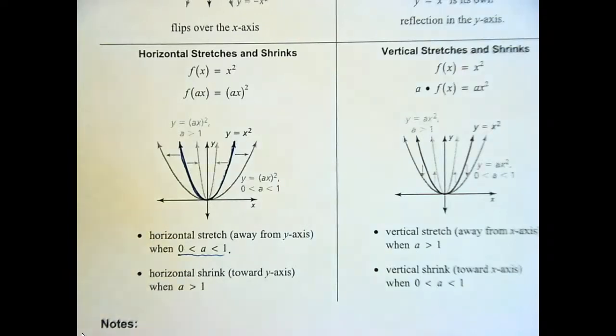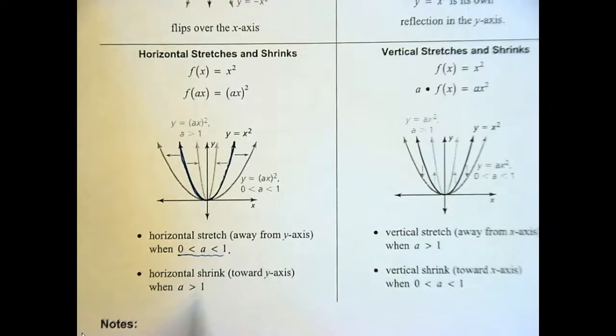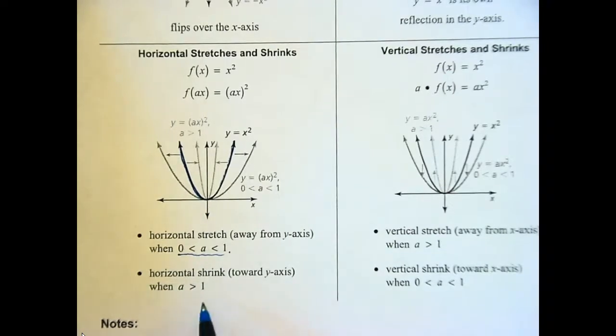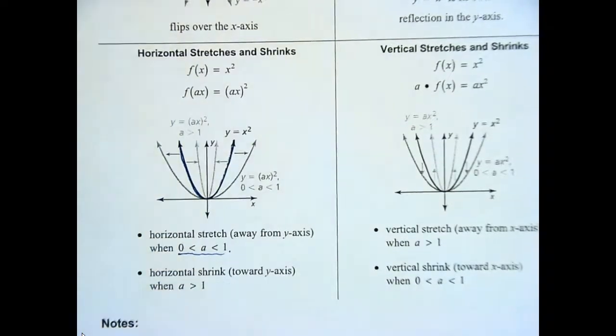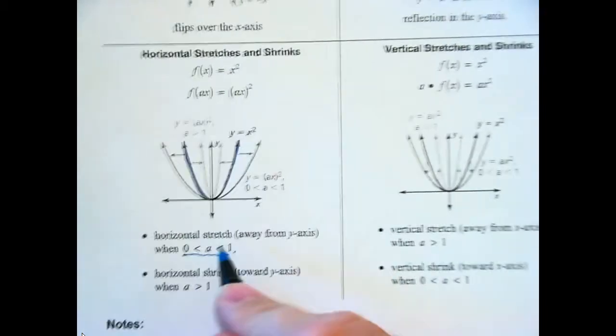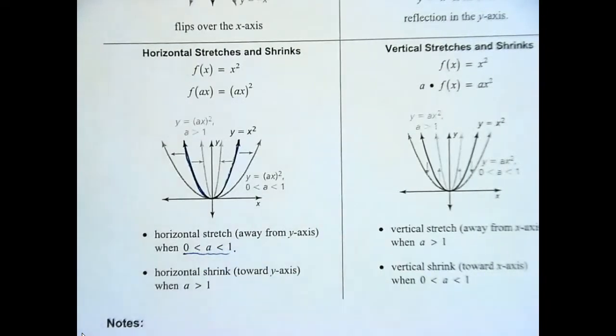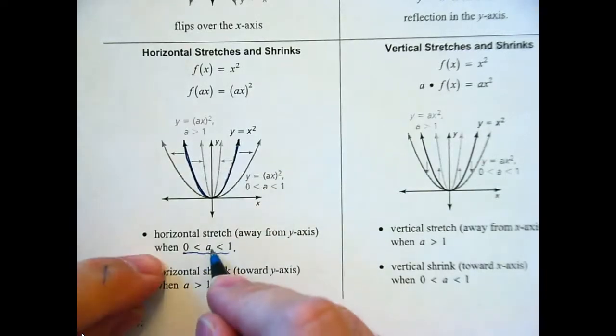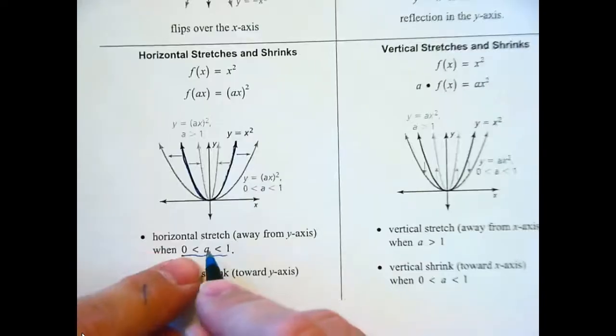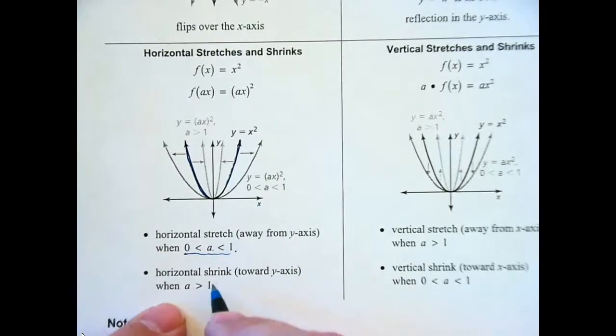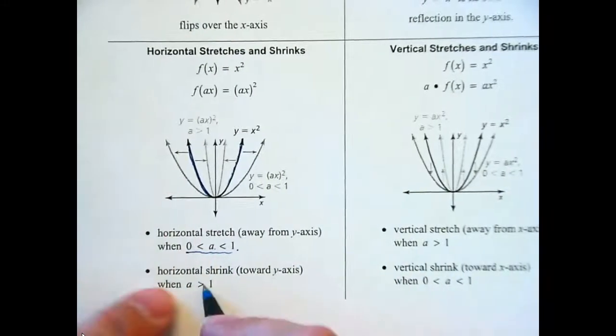It's a proper fraction. And a horizontal shrink is actually a number bigger than 1. So when you start thinking of terms, you're like, hold on, I stretch, doesn't that mean it makes it longer? Shouldn't that number be bigger? Well, here you're dealing with a number less than 1. And when I shrink, doesn't that mean it goes smaller? Shouldn't that be smaller? No.